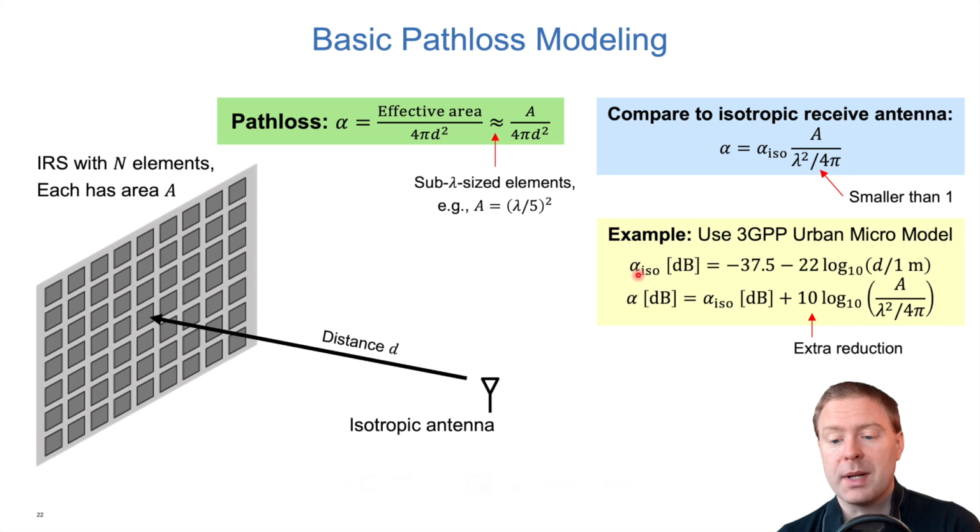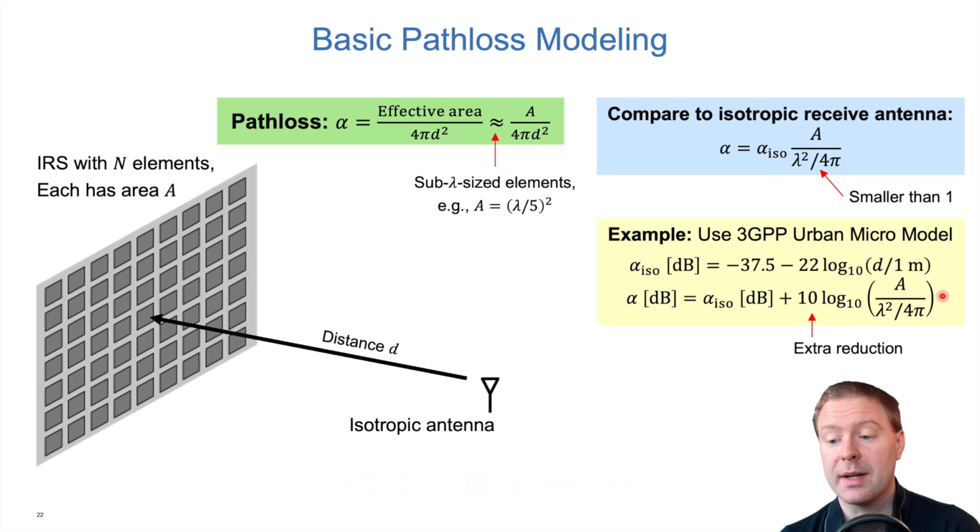The isotropic path loss in dB is minus 37.5 dB minus 22 log 10 of the distance divided by 1 meter. And this is for isotropic antennas. If the transmit antenna is isotropic, but the elements have a particular area A, we should take this term that we have for the isotropic antennas, and then we should add an extra term here, 10 times log 10 of this fraction here that is describing how much smaller our elements are compared to an isotropic antenna.